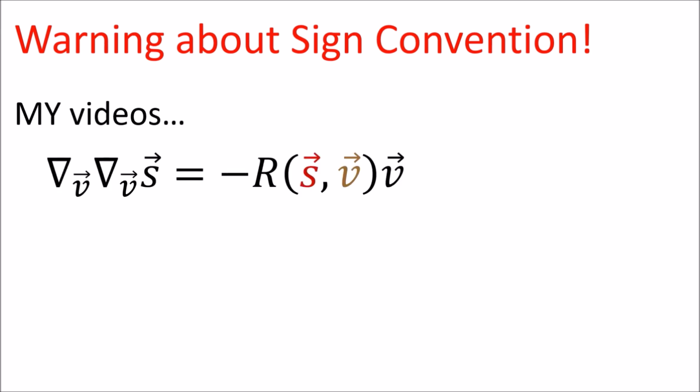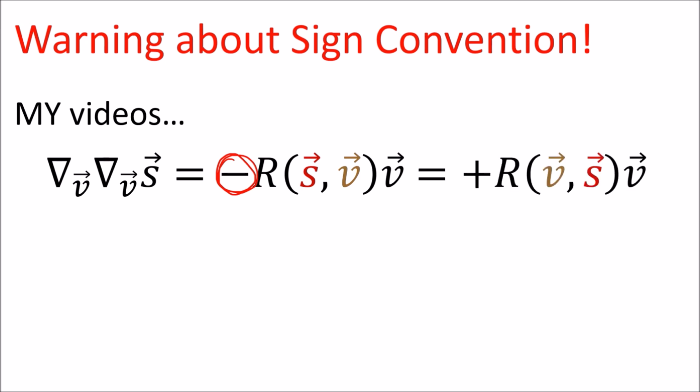Now I'm going to warn you about the sign convention here. In my videos, I'm going to say that the geodesic deviation is equal to the negative of the Riemann tensor of s and v acting on v. Or equivalently, we can swap the order of these inputs here and get the positive Riemann tensor of v and s acting on v.